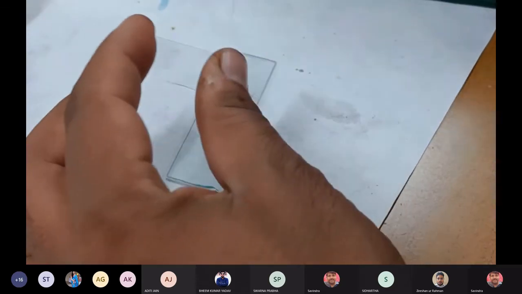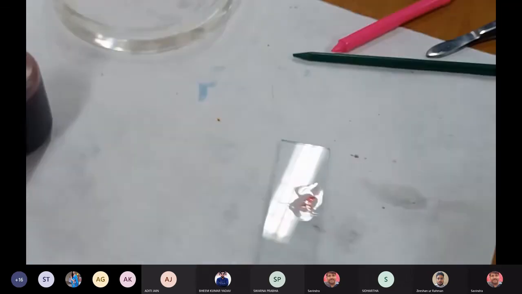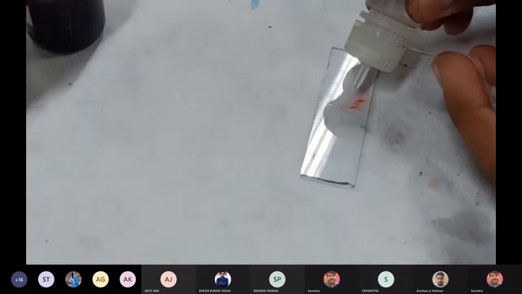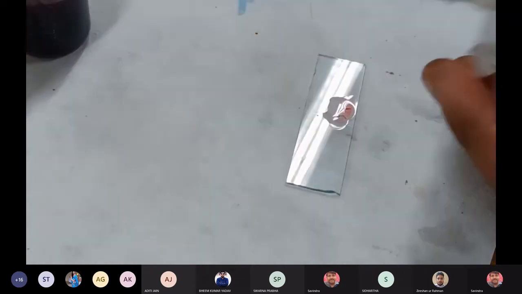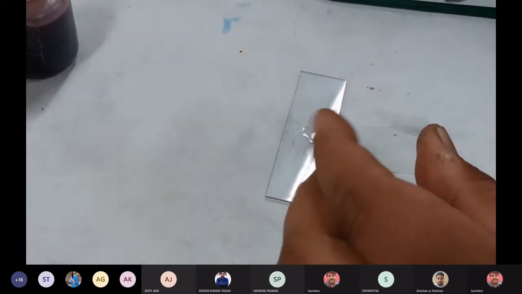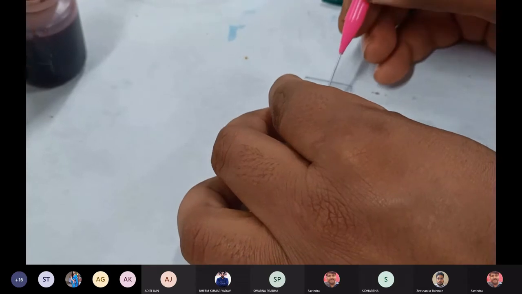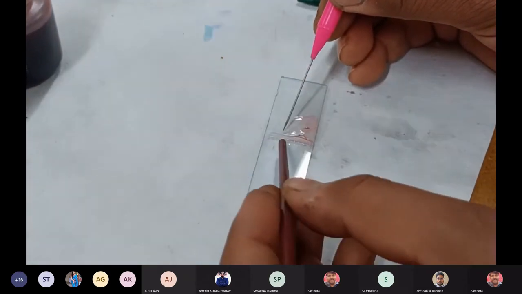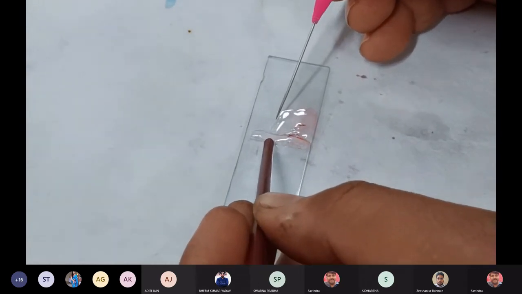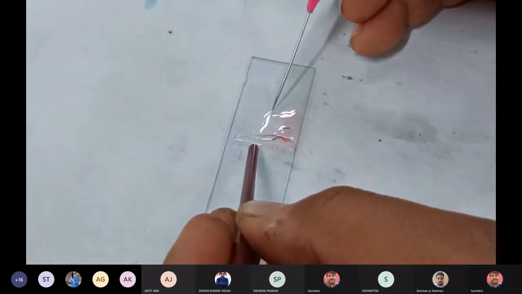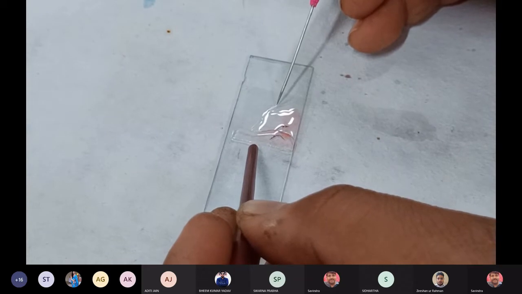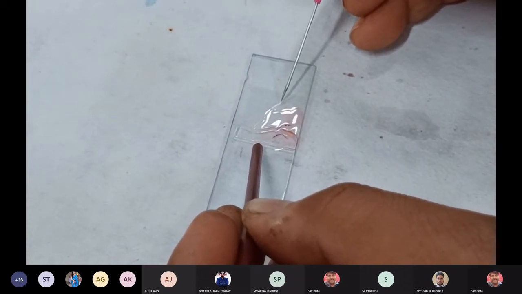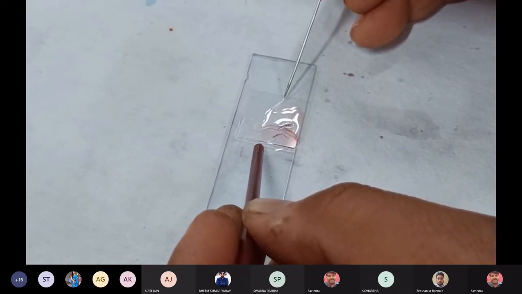After that, you will take a cover slip and cover it. Because it's a thick material, you will need more glycerine. If it is a thin material, you will require less glycerine, उसको पूरा cover करने के लिए. And the method will remain the same. Hold it at 45 degrees and gently place it over the material.